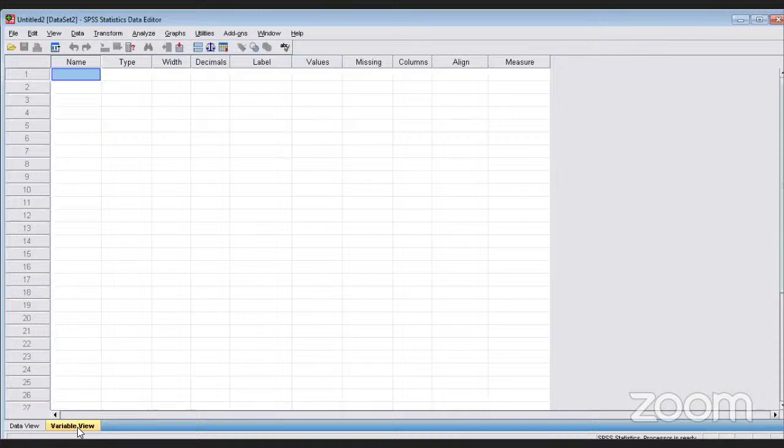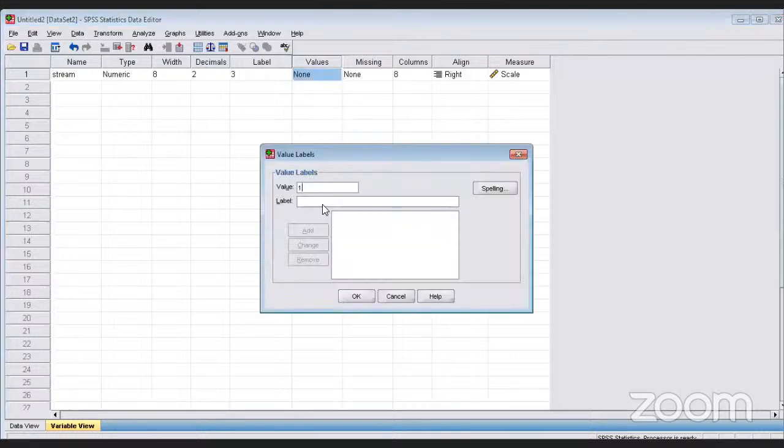If you want stream, I can write stream, and stream is a discontinuous variable having three levels. So label is 3, and under value we will write 1 if I say arts subject.